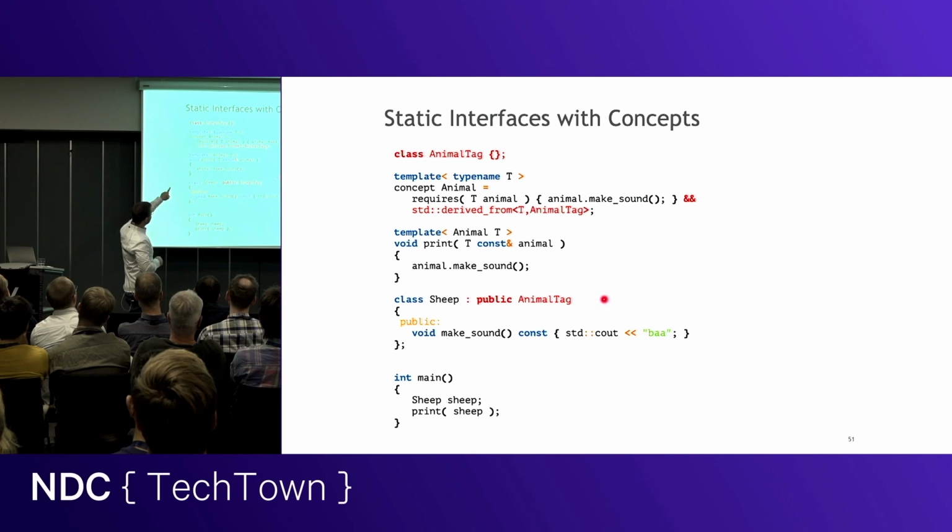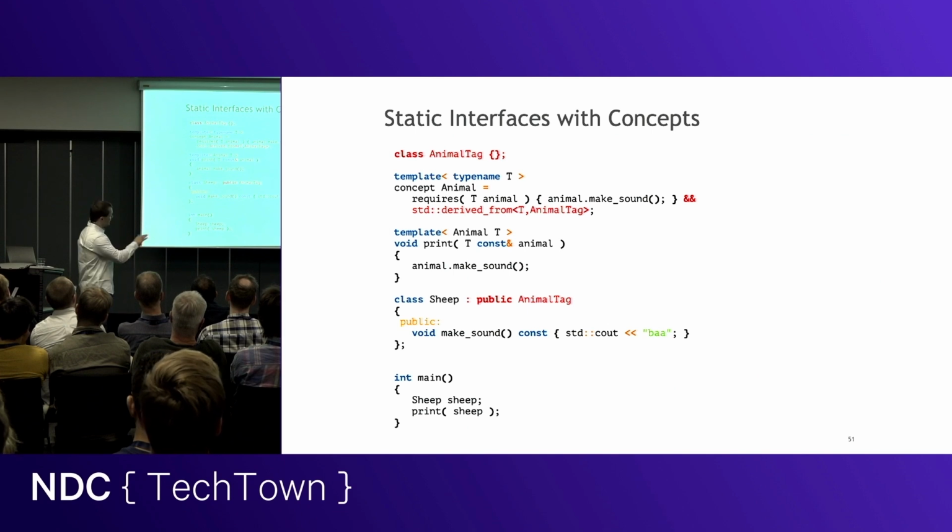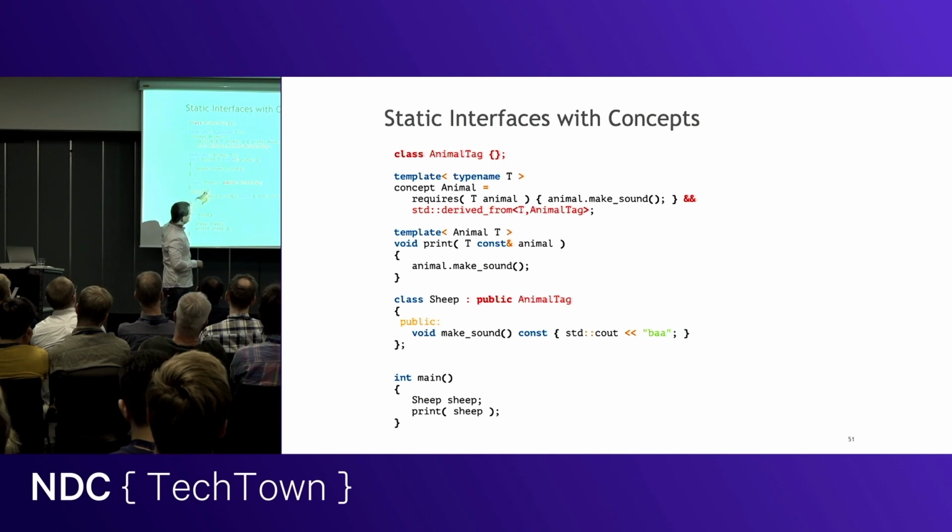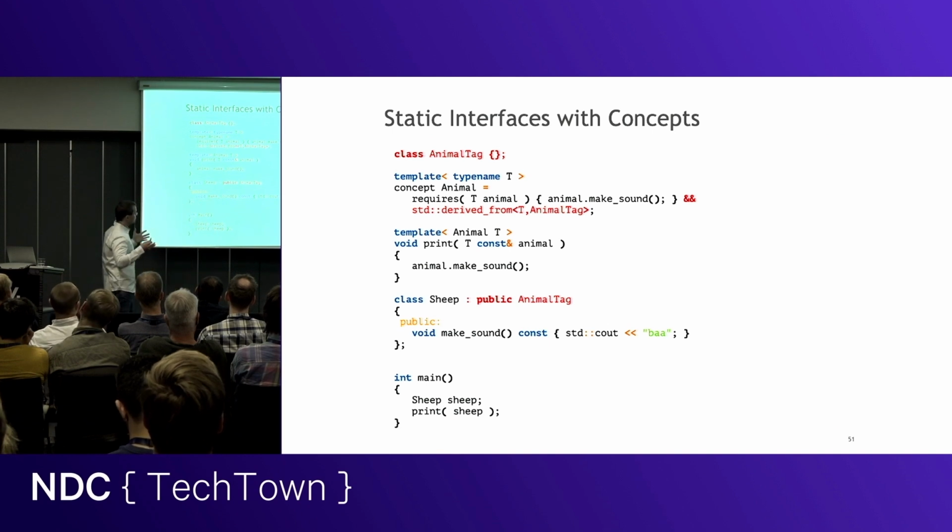And additionally, I say that animals must have a make sound function, but they also must be derived from animal tag. That's now a precondition for animals. Print is unchanged. It now accepts animals. But now the sheep class is required to explicitly derive from animal tag in order to be an animal in my context.